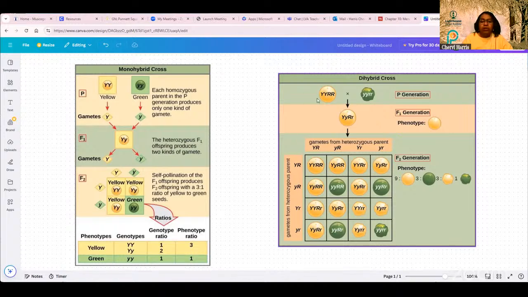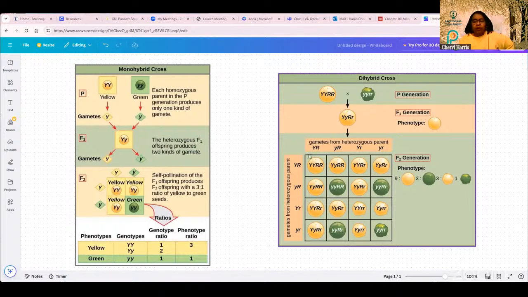So one is smooth and one is wrinkled, or round and wrinkled. They're using R, so we're going to assume that R is for round. So we've got yellow and round are dominant, and green and wrinkled are recessive.